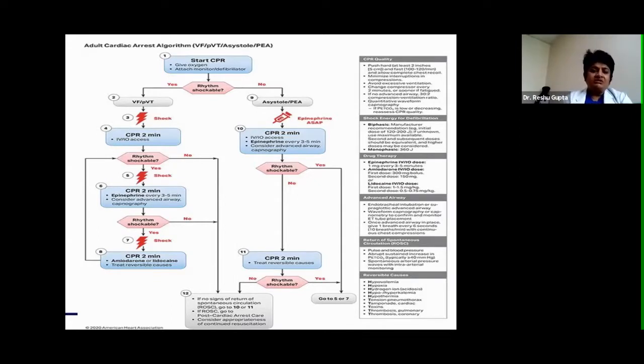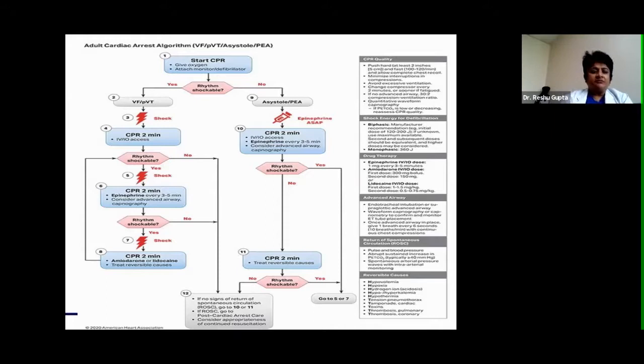We give oxygen and attach the monitor or the defibrillator, and check the rhythm only after 2 minutes of continuous CPR. If it's a shockable rhythm, we go for immediate defibrillation, regardless of what stage of compressions we are at.